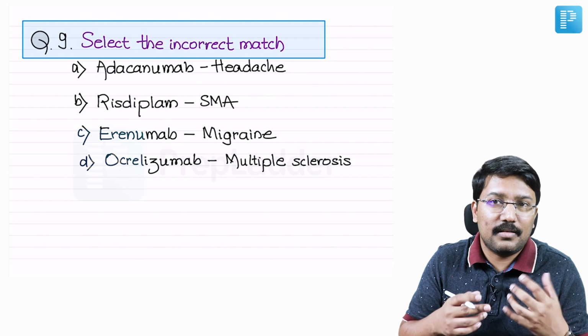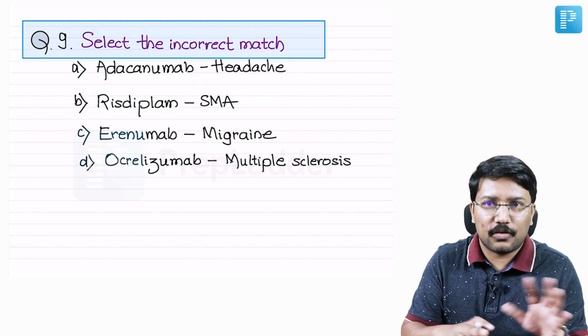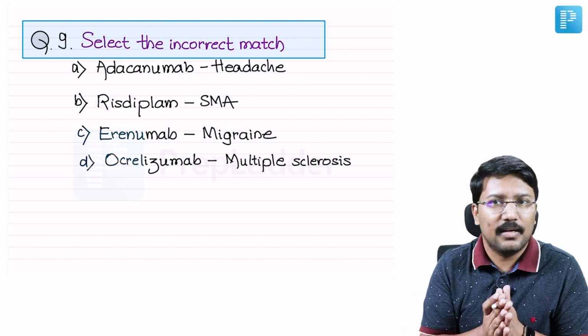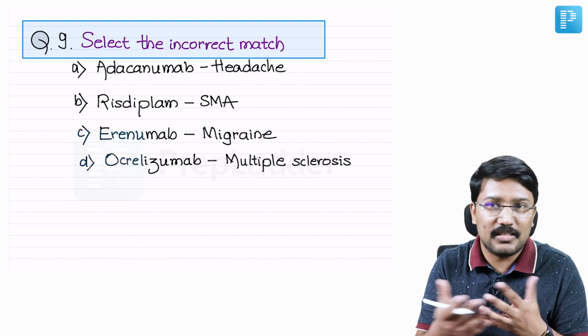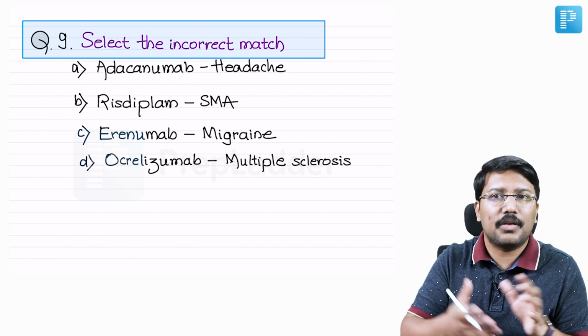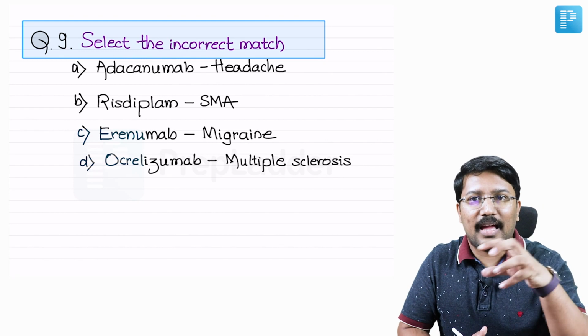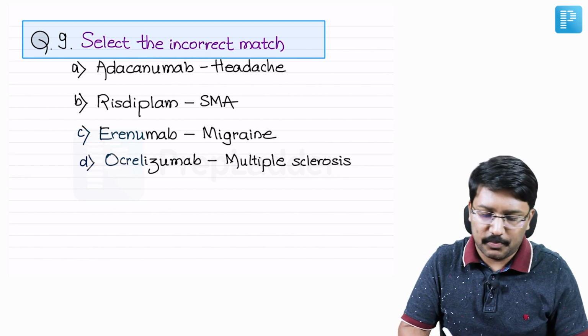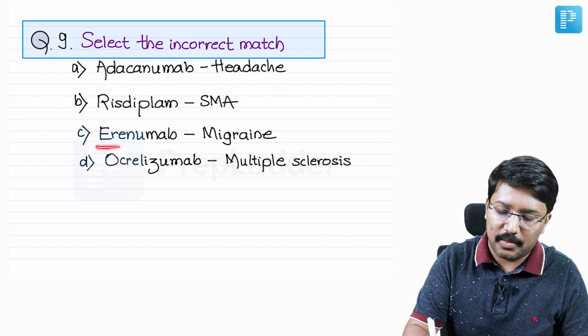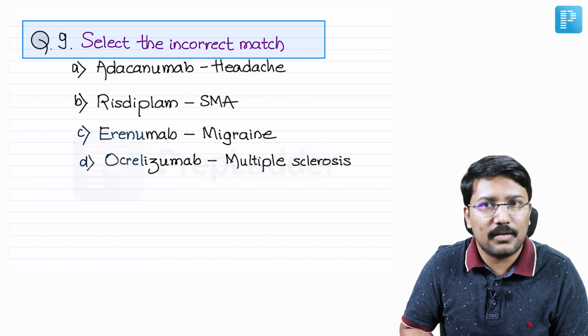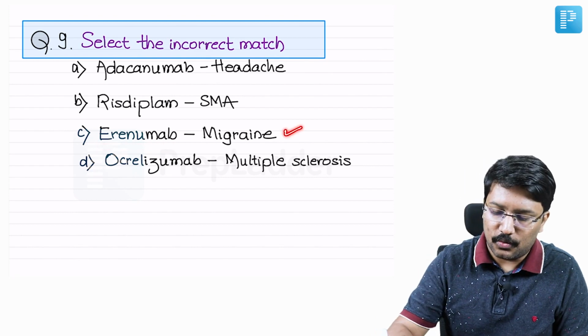So we can try to reduce the impact of CGRP by acting on it directly, and we have the gepant class of drugs. Then we can also try to reduce its action on the receptor by blocking the receptor using a monoclonal antibody. So erenumab is first of the list, right? So this is also a known fact.